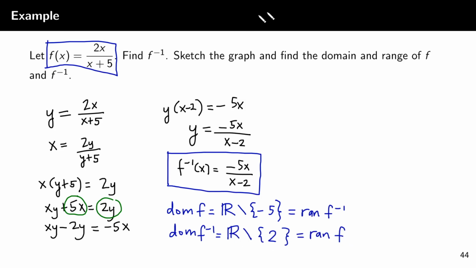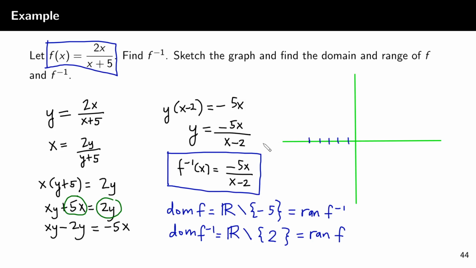Sketch natin yung graph. Unahin natin itong f of x. Okay. So, since the number negative 5 is not part of the domain, suppose ito yon 2, 3, 4, 5. This is x equals negative 5.